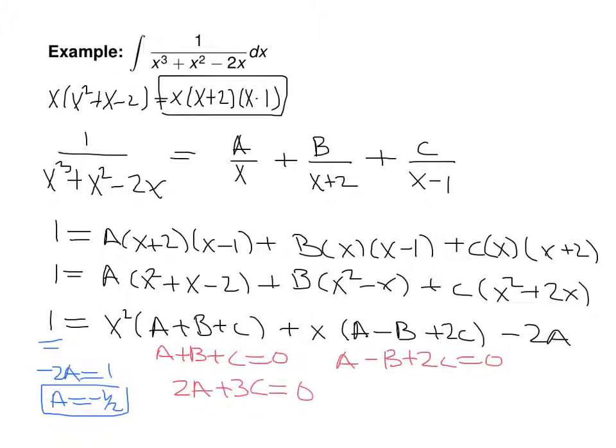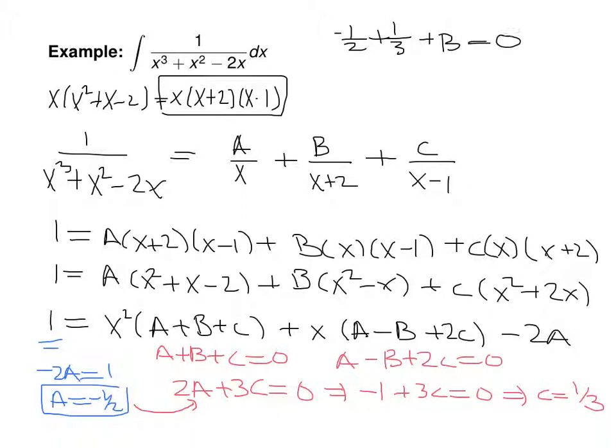Inputting the a that I have, I get negative 1 plus 3c equals 0, which implies that c is equal to 1/3. Plugging that into the first formula, we have negative 1/2 plus 1/3 plus b equals 0, and therefore b equals 1/6.